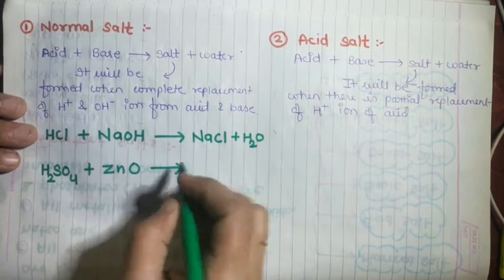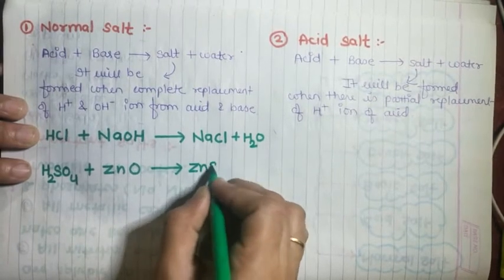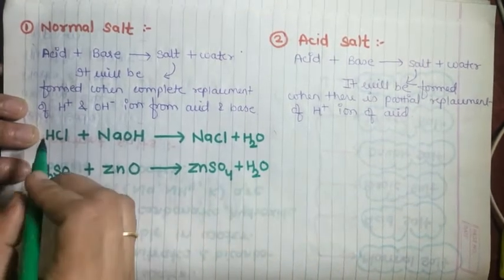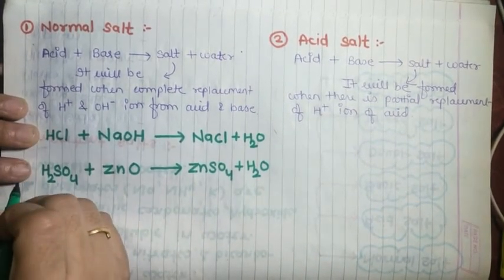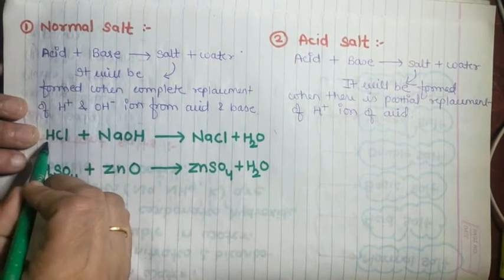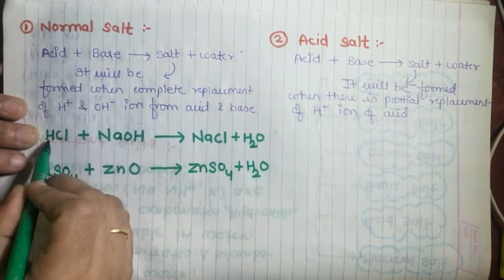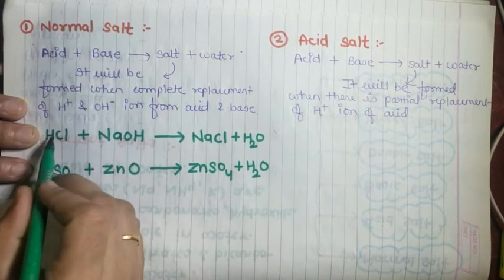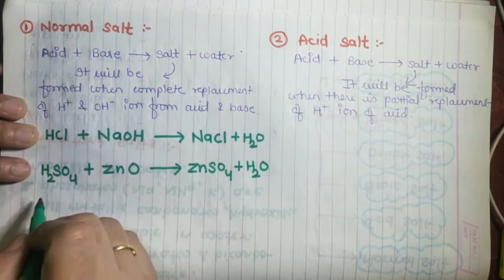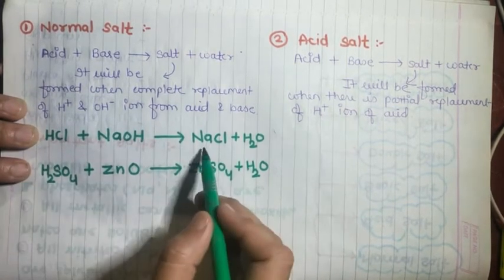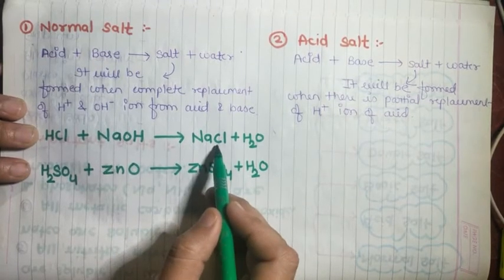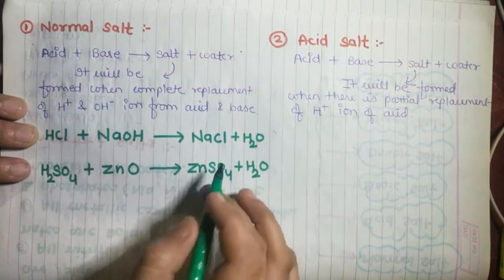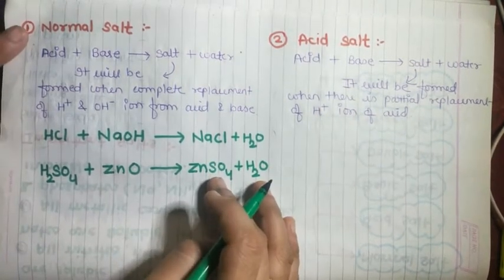We get ZnSO4 plus H2O. The definition of normal salt says that all the hydrogen ions get replaced from the acids. Here only one hydrogen is there and here two hydrogens are there. If the hydrogens are completely replaced from the acid, it forms a normal salt. Here no hydrogen ion is present, and here also no hydrogen ion is present, so we term these salts normal salts.